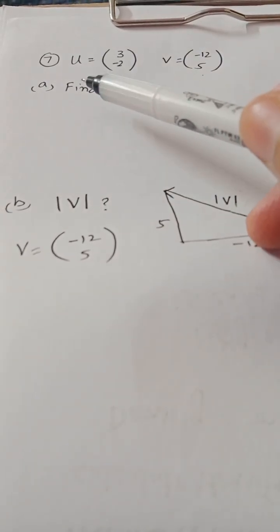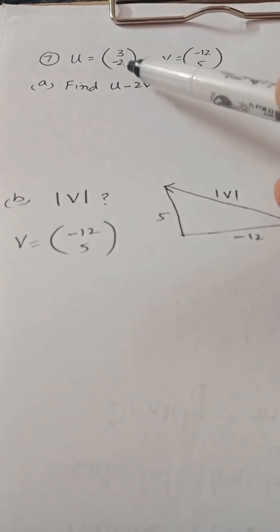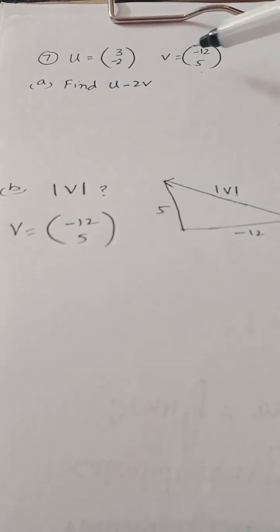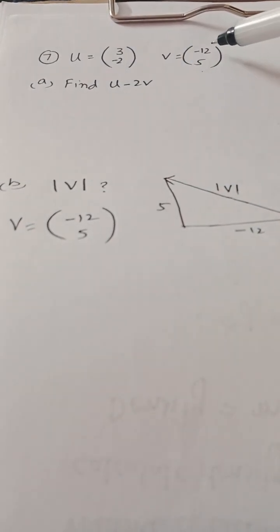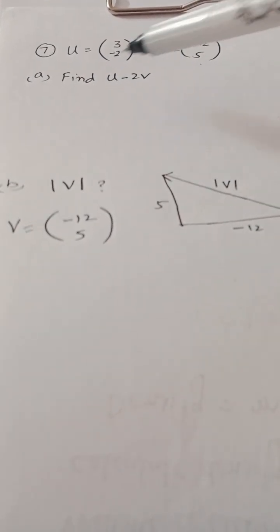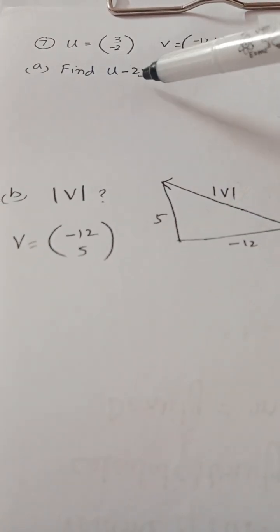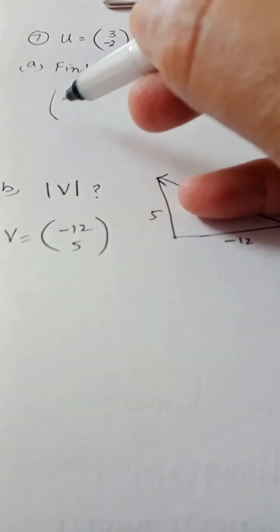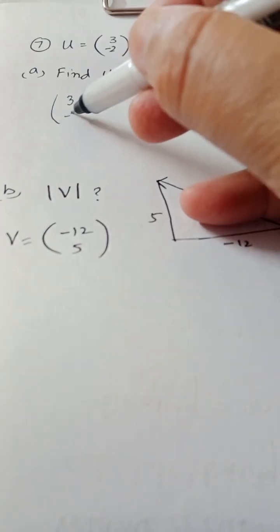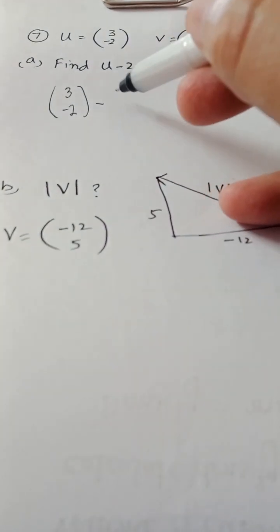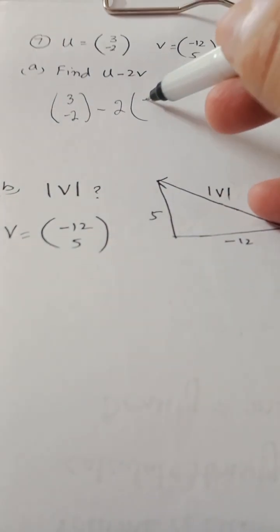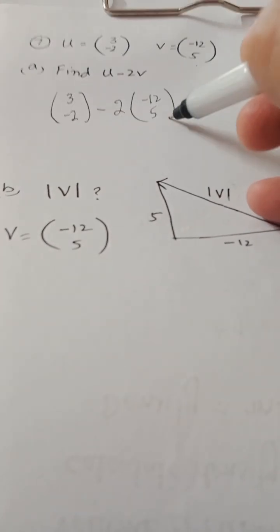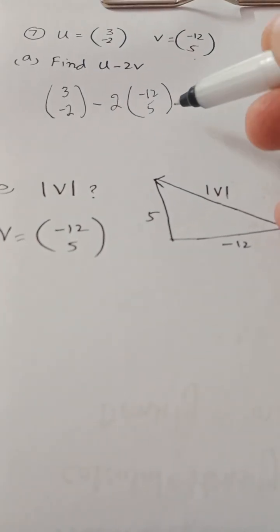Question number 7. Vector u is equal to 3 and minus 2, and components of vector v are minus 12 and 5. We have to calculate u minus 2v. So we will write the value of u here, 3 minus 2, subtract 2 times vector v, that is minus 12 and 5.